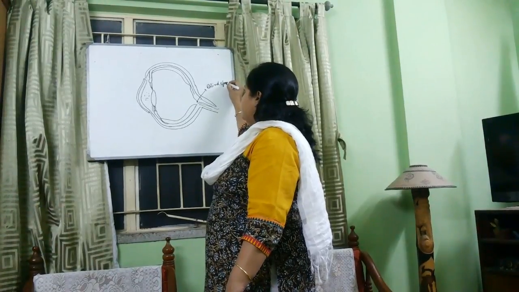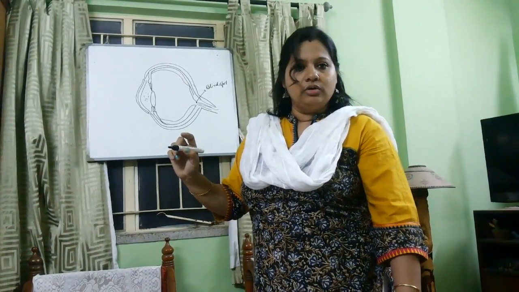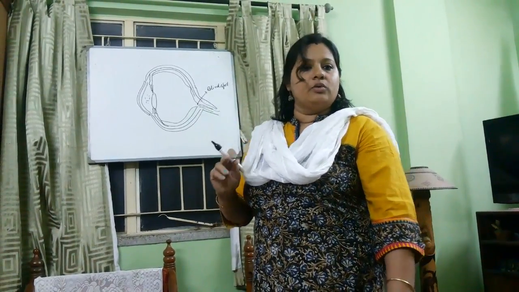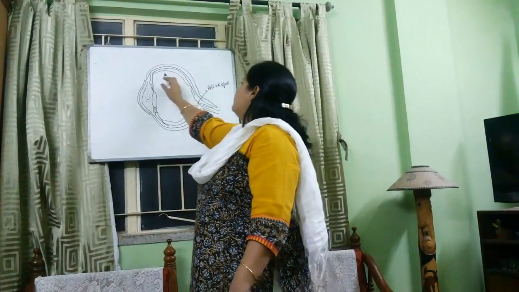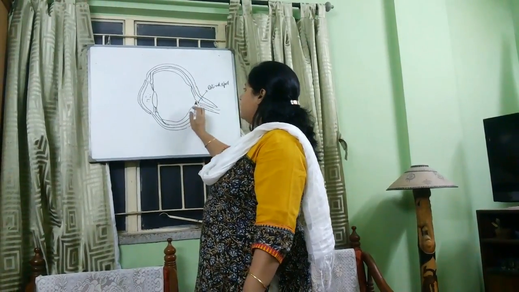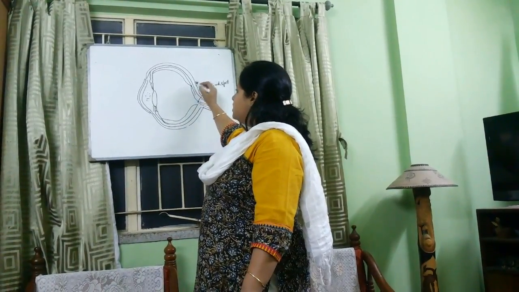Why is it called the blind spot? Because there is no formation of image, as there are no rod cells and cone cells. These two types of cells are found in the raised part of the retina, especially at a point called the yellow spot or fovea centralis.